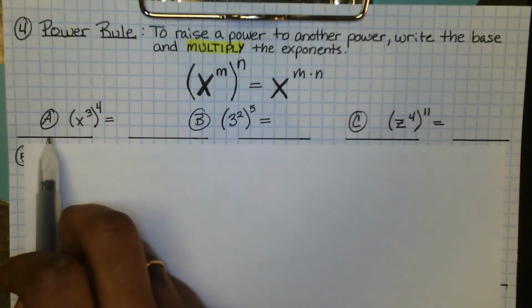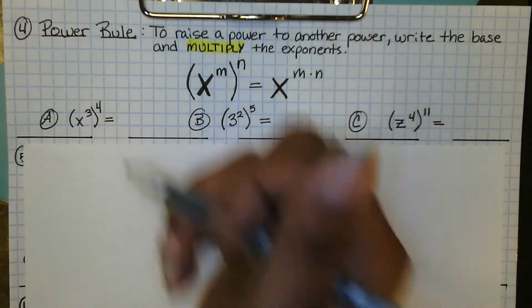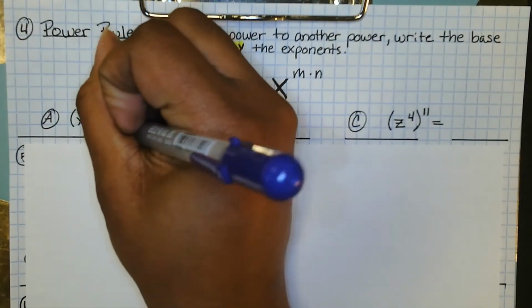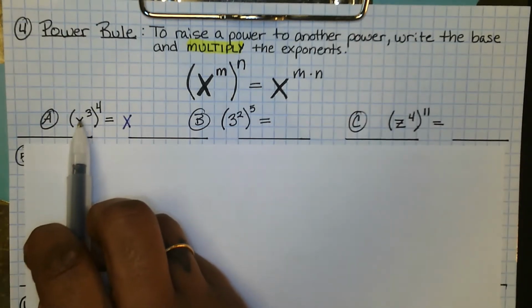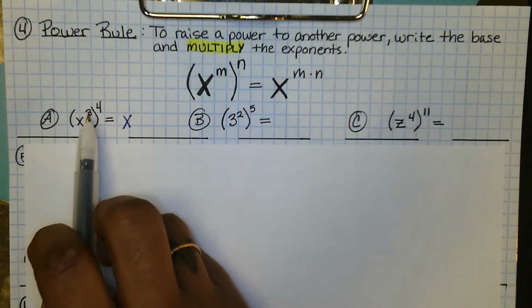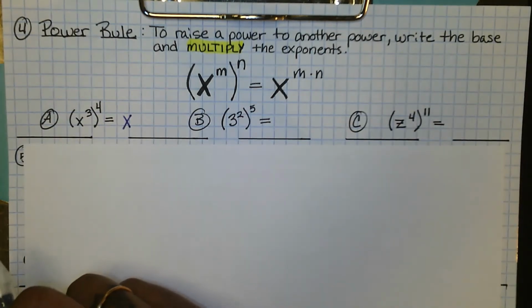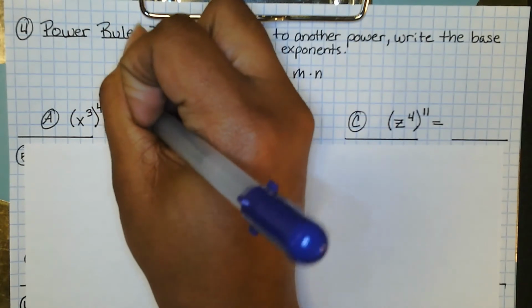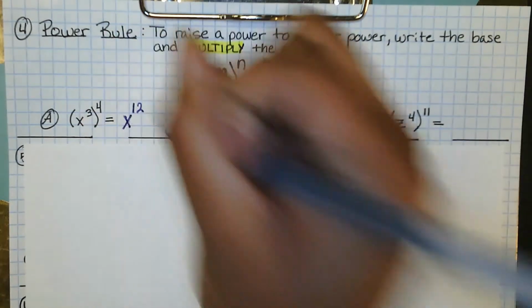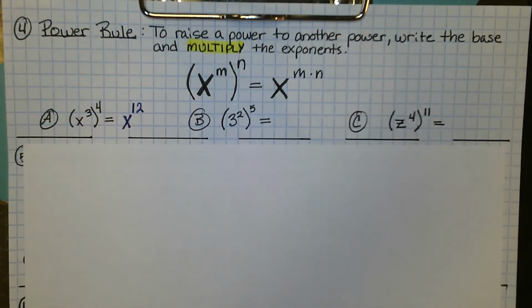So in example A, our base is x. So we write our base, but then we're raising x cubed to the fourth power. So we have to multiply. 3 times 4 is 12. So this is x to the 12th power.